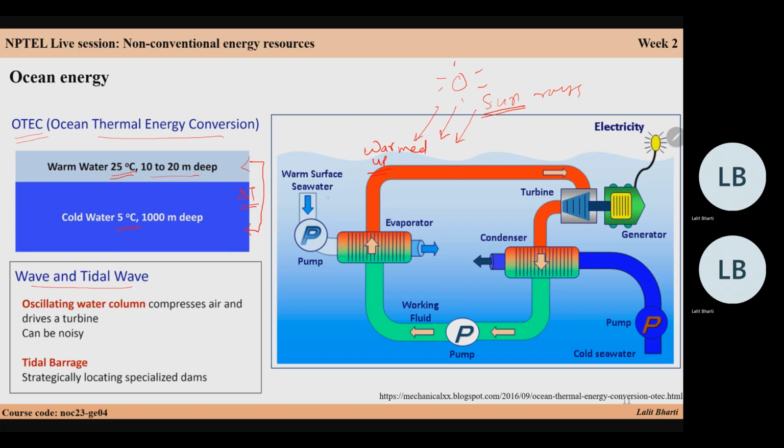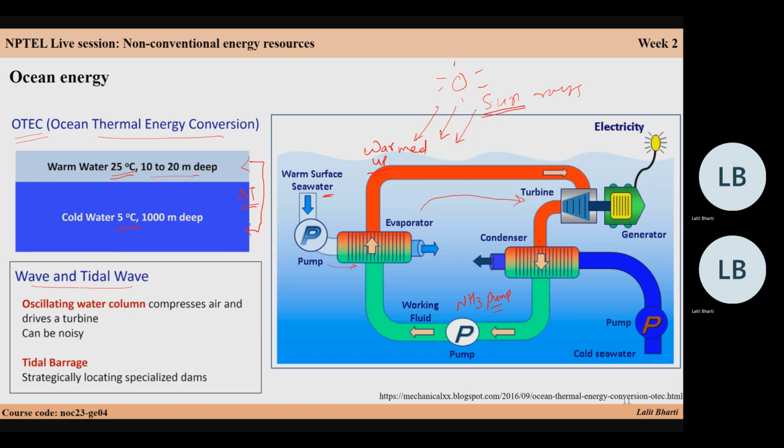So basically there's warm surface seawater. There's a pump which will send it into the evaporator. The evaporator will drive the turbine, because here ammonia is used, in a similar but opposite manner to a refrigerant.